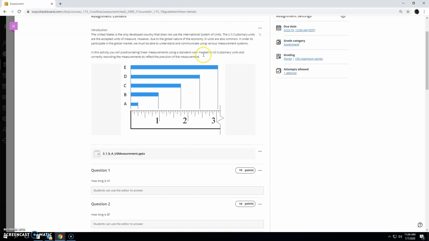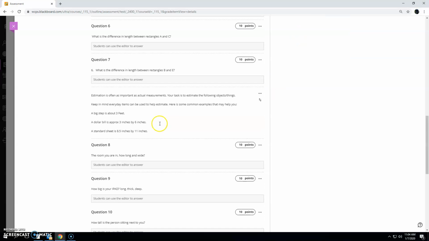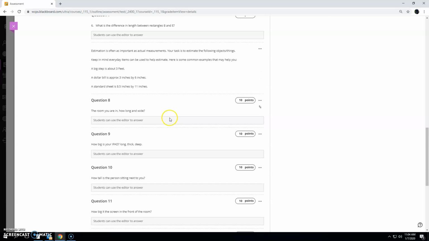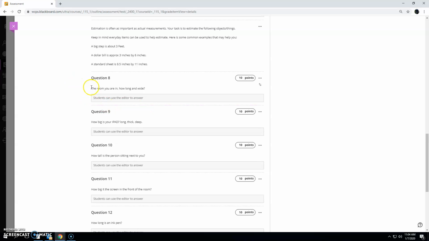Your assignment for this particular section is to record the measurement of each of those lines and then make some estimations of stuff around you. Question number 8 says how big and how long is the room you're in. To give you an idea, an average step for an adult person is somewhere just a little bit more or less than 3 feet, depending on your height.